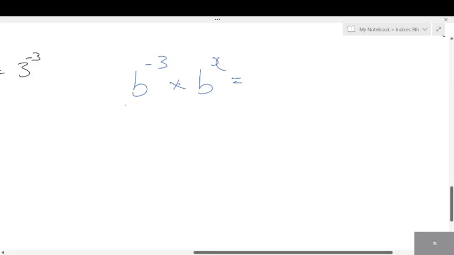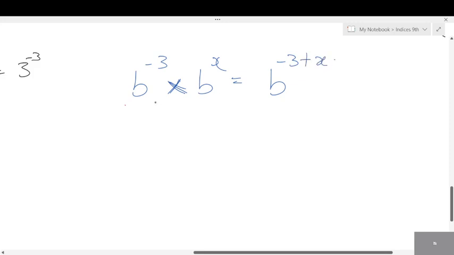What's the answer? Are they on the same side? Both the bases are on the same side, right? Yeah, response, students. Multiplication sign is given. So what's the answer? B to the power of, not minus x, multiplication, plus x is given.